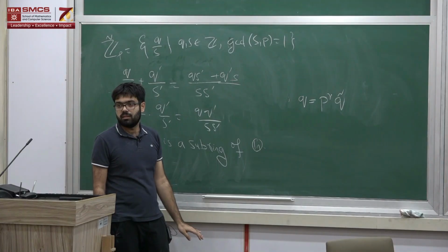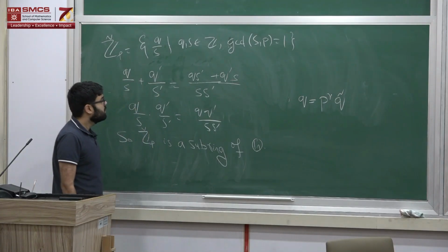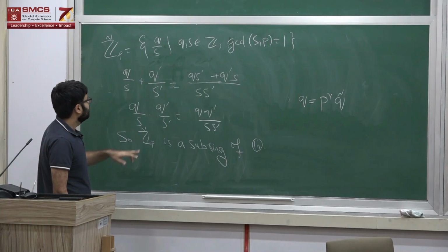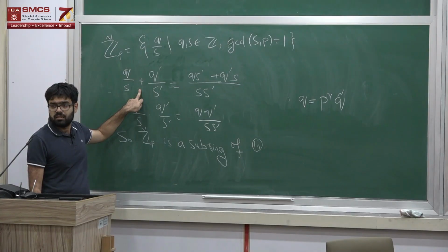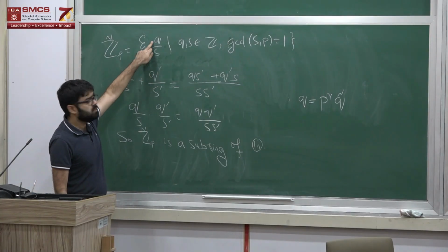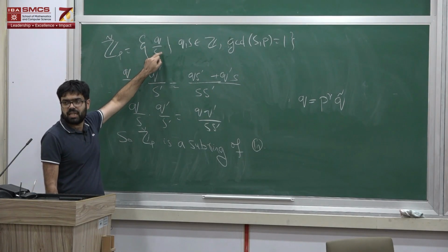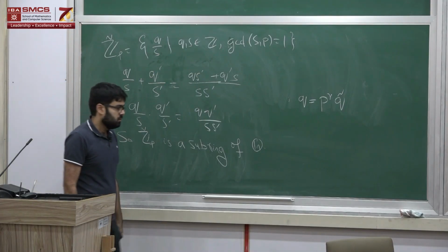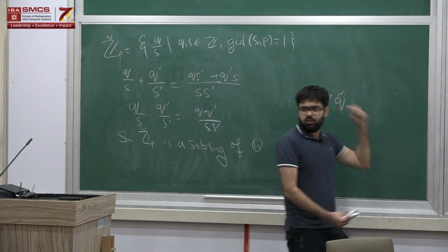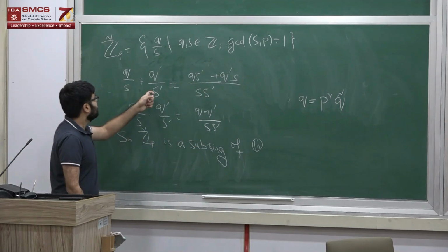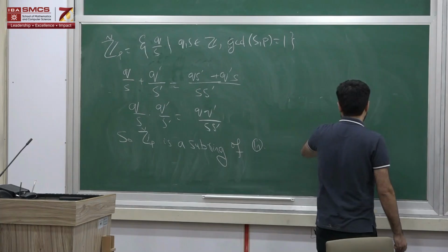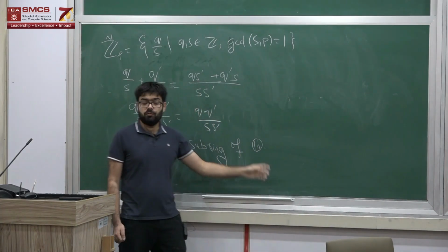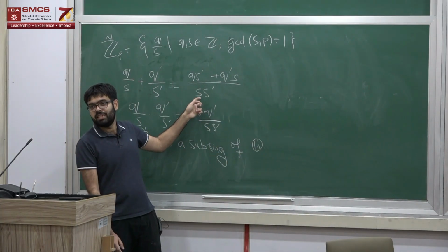So if there is no common factor between q and s, then the valuation of q over s will be just the valuation of q, because s is co-prime to p. Because valuation is additive, sorry, not multiplicative. The valuation of s is 0.